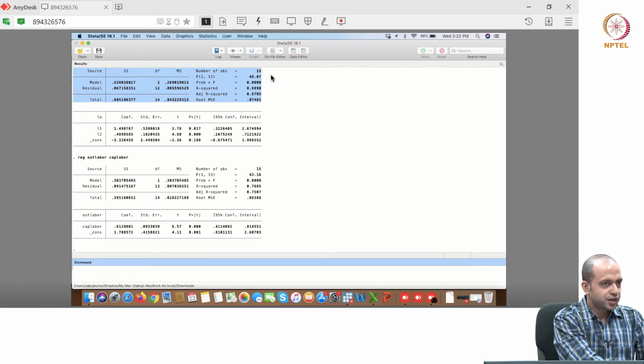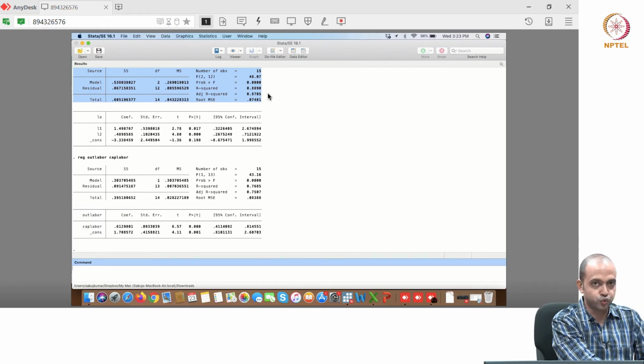So when you are constructing the F-statistic, in the numerator you have RSSR minus RSSUR divided by m, which equals 1 here, and the denominator is RSSUR divided by n minus k, where k is the total number of parameters in the unrestricted model, which is 3: capital, labor and 1 intercept.